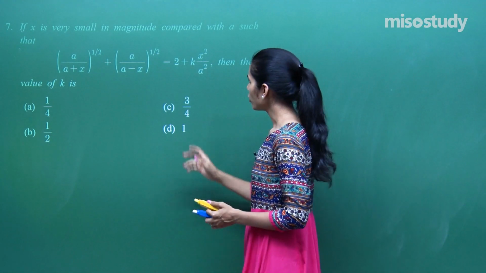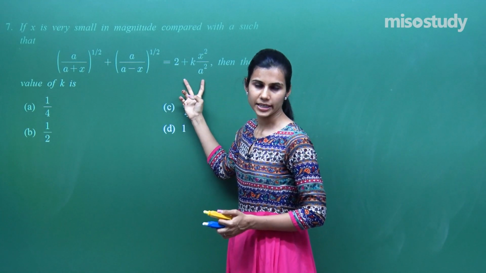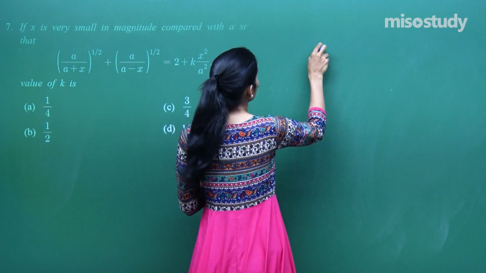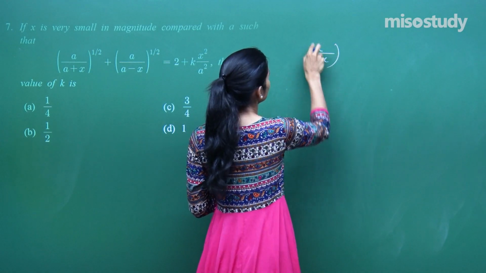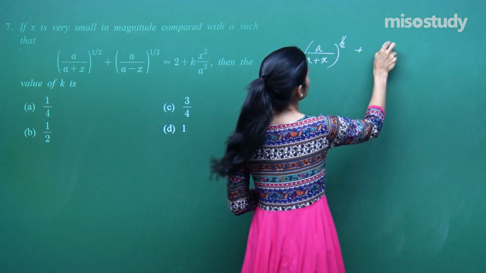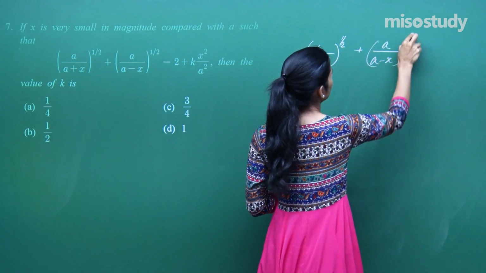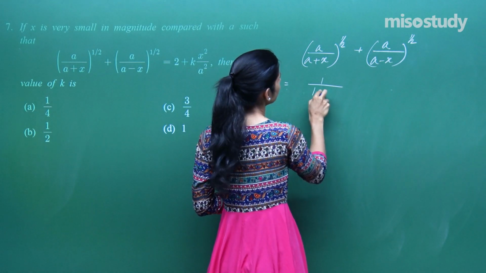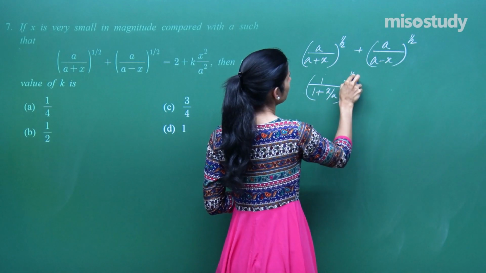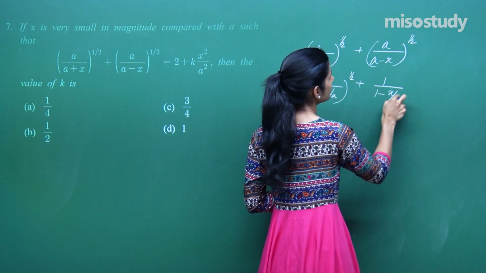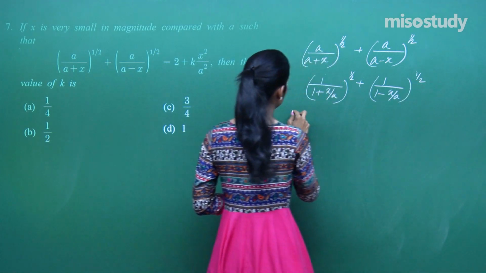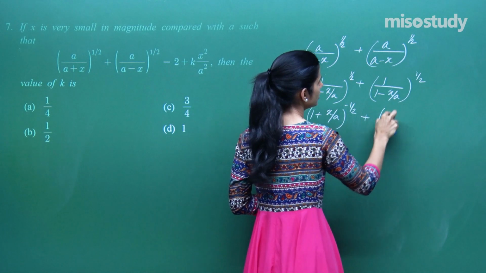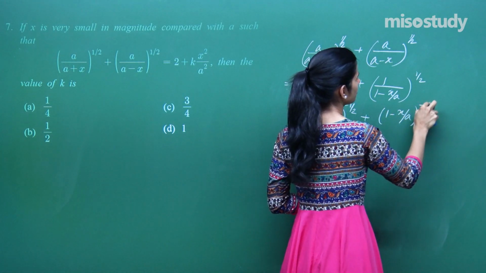Okay, so x is very small और ज़रूरत मुझे सिर्फ स्क्वायर टर्म तक निकालने की, एक्सपेंशन क्यूब तक हम जाएंगे भी नहीं, वैसे भी x बहुत ही स्मॉल क्वांटिटी है. तो मैं a upon (a + x) to the power half plus a upon (a − x) to the power half. a से डिवाइड करते हैं न्यूमरेटर डिनोमिनेटर को, आएगा 1 upon (1 + x/a) to the power half plus 1 upon (1 − x/a) to the power half. और I can write it as (1 + x/a) to the power minus half, (1 − x/a) to the power minus half.